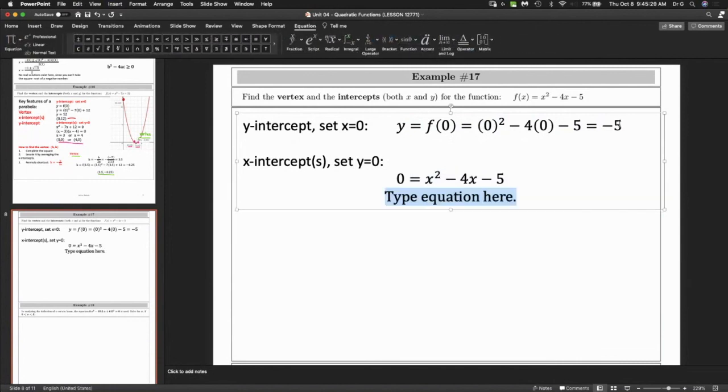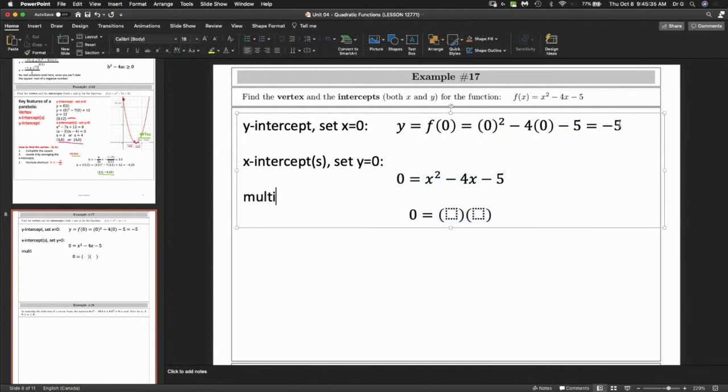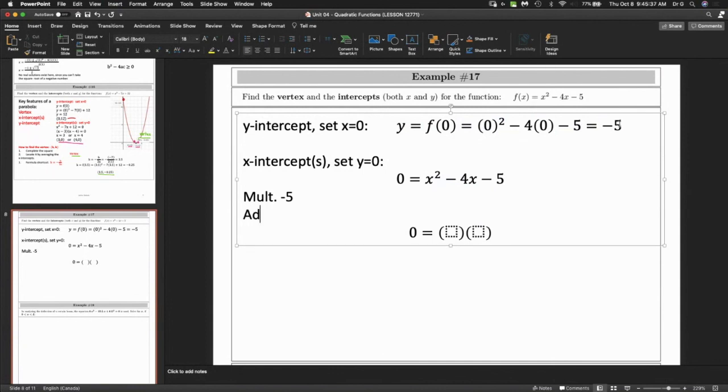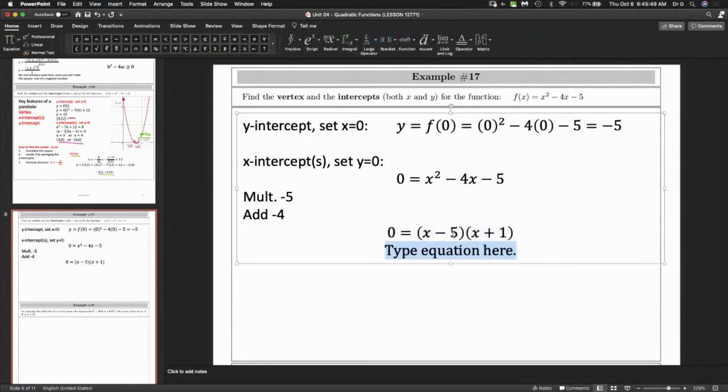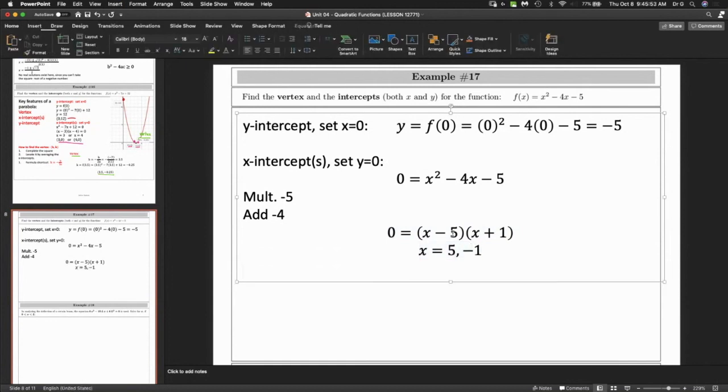You can factor this one. What are 2 numbers that multiply to negative 5 and add to negative 4? Thank you. Negative 5 and positive 1. So that gives us x equals 5 or negative 1.